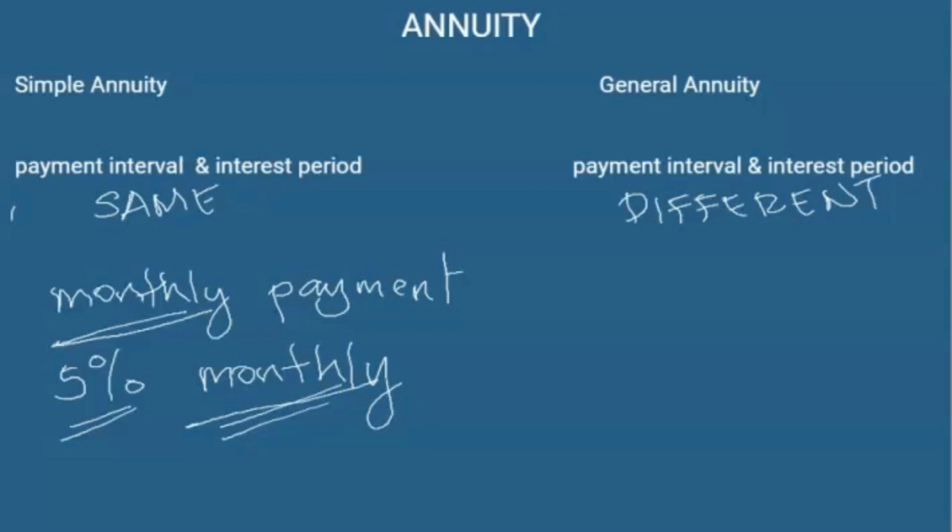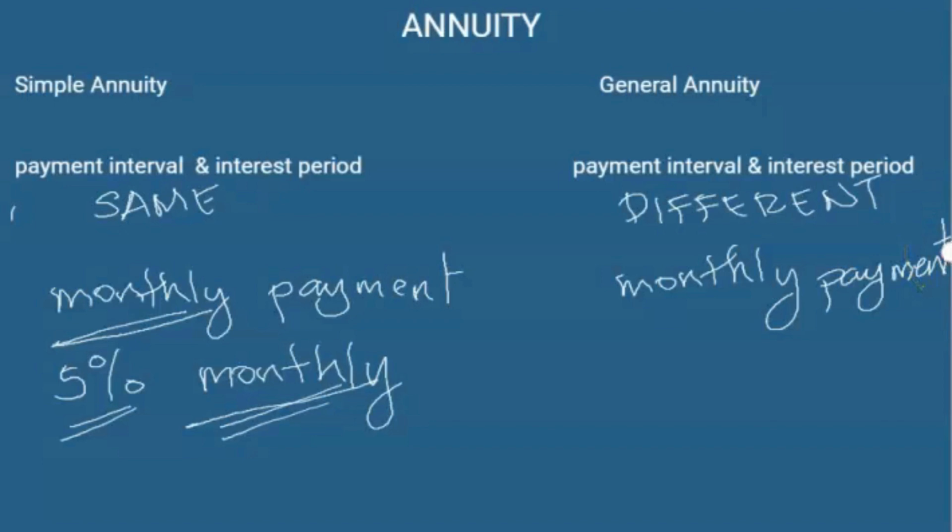For general annuity, let's say you bought an insurance and you're going to pay monthly. So again, it's a monthly payment of X amount.